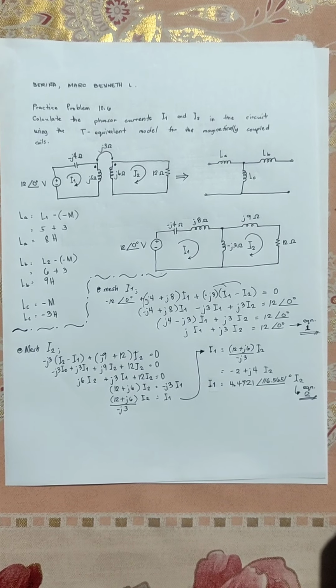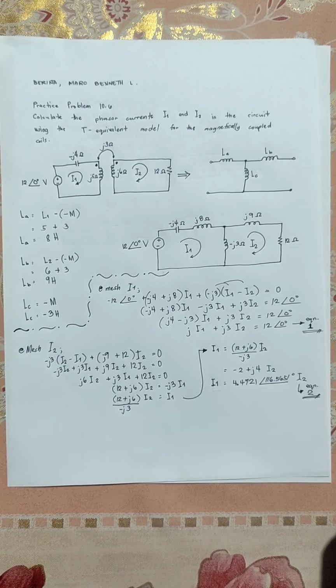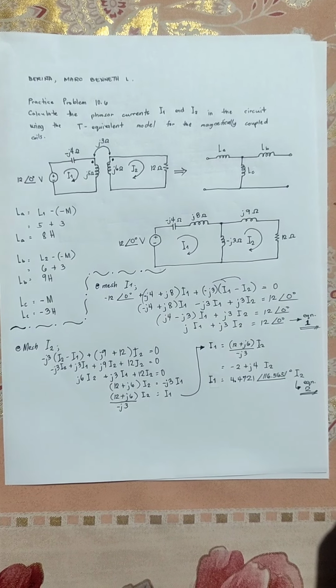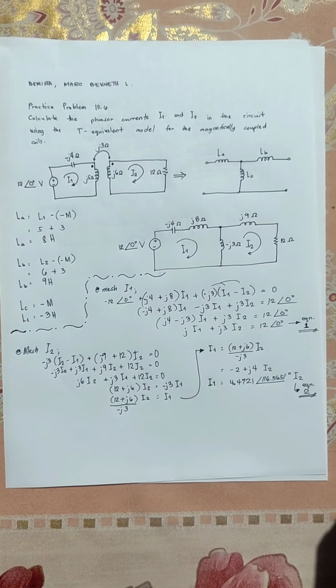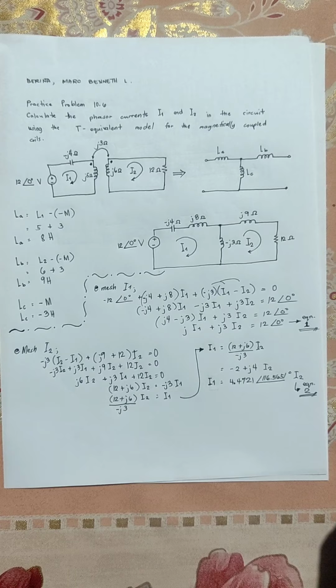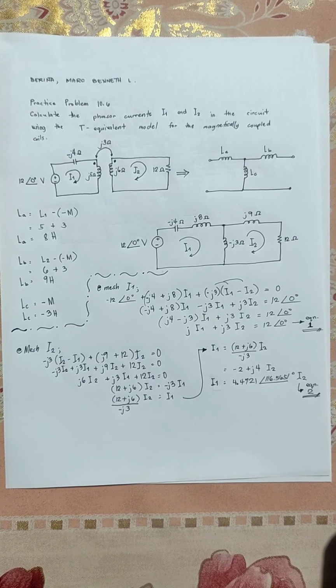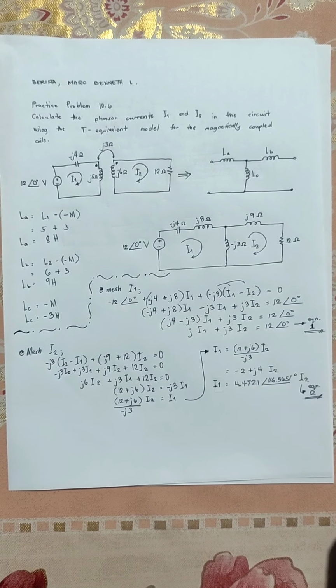For practice problem 10.6, calculate the phasor currents I1 and I2 in the circuit using the T equivalent model for the magnetically coupled coils. For this problem, we will convert the given circuit to its T equivalent network.